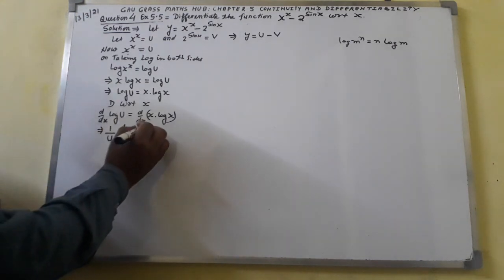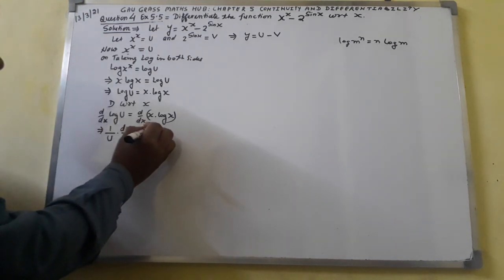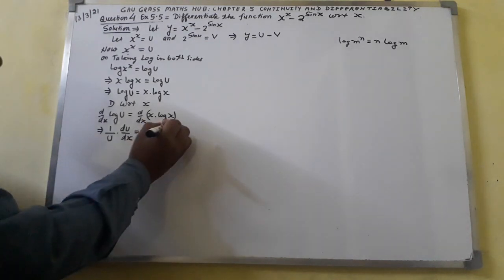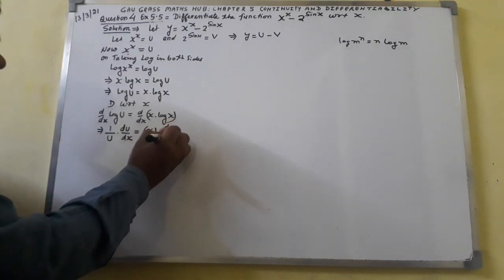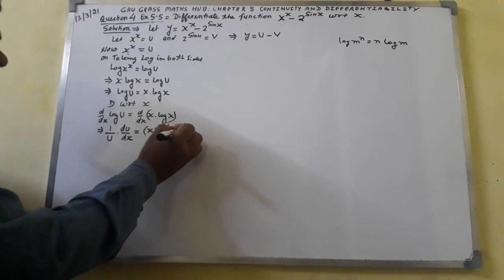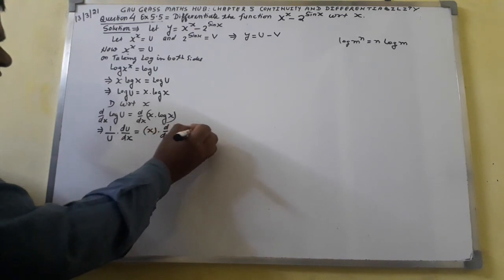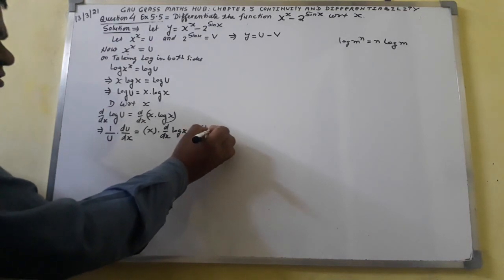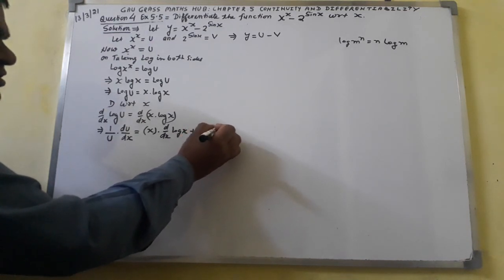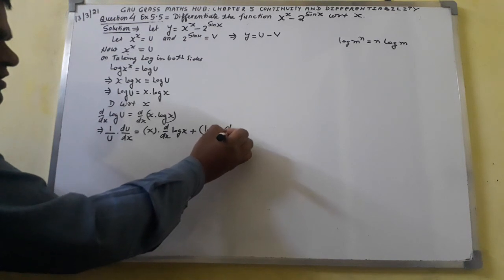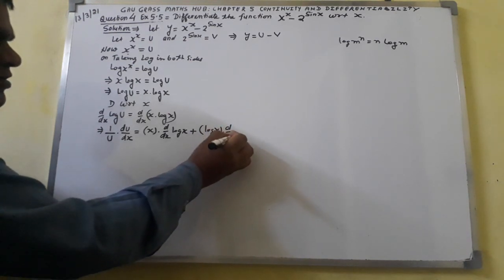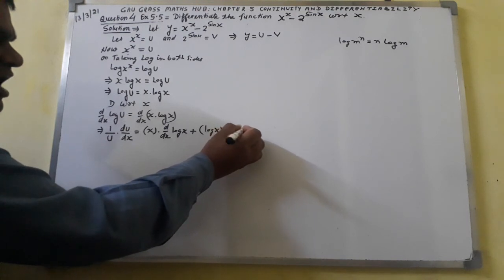By applying product rule, first function dot derivative of second function d over dx of log x plus second function log x dot d over dx of x.